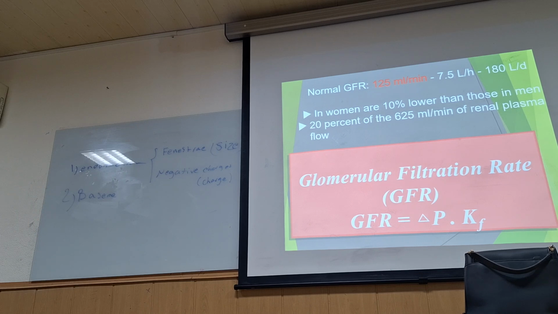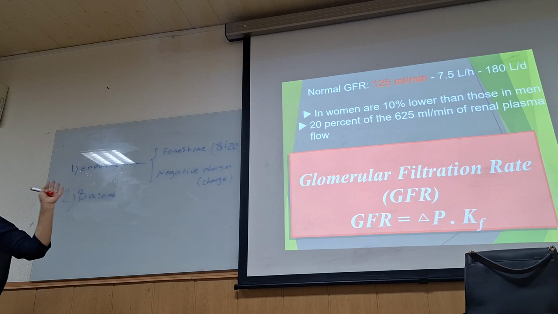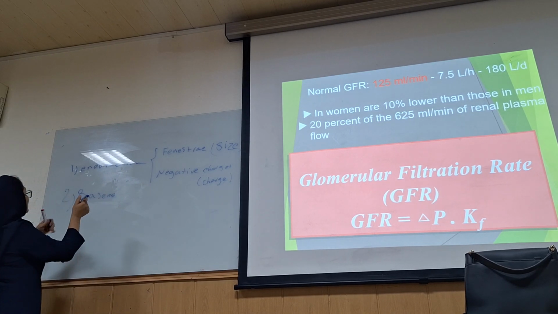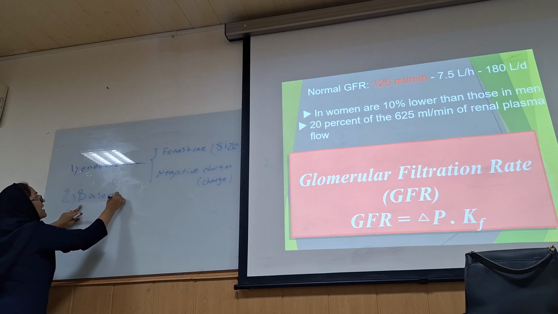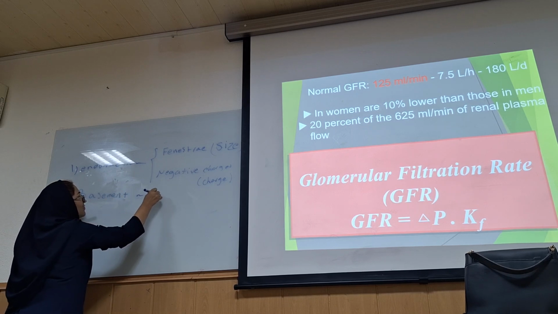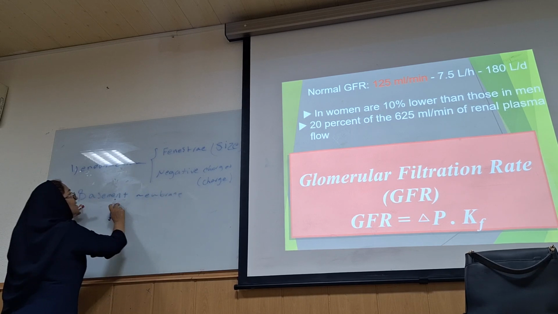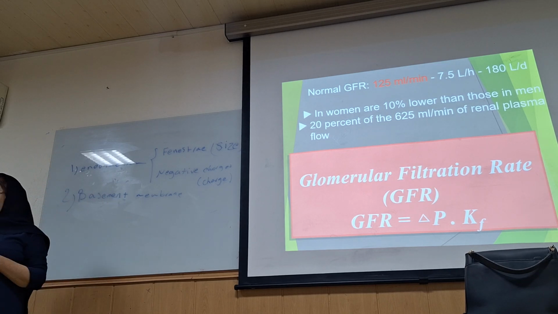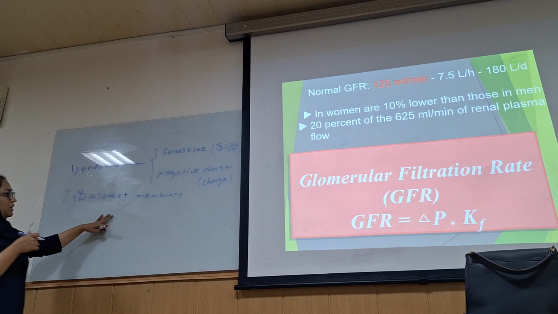You have studied in cell physiology that most of the proteins have negative charges. They don't allow negative ions to pass. The second layer is the basement membrane, completely the same as capillaries in the other organs of our body.